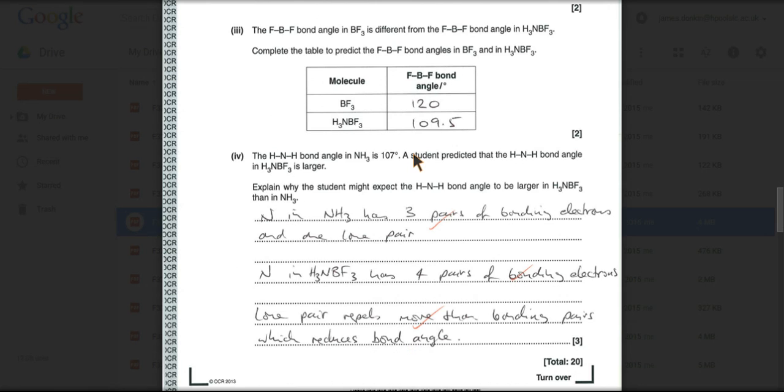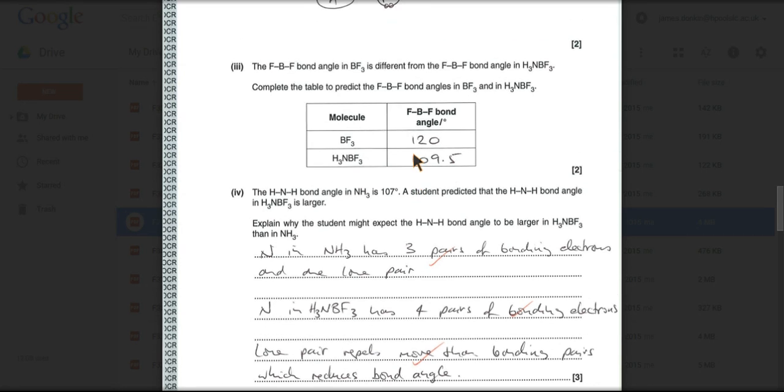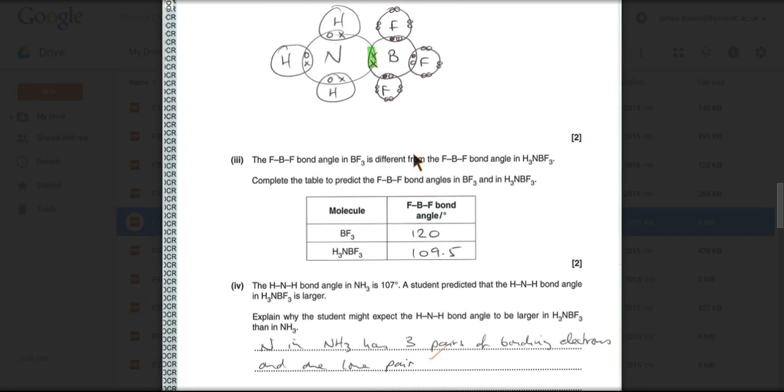And then the final part of the question, the H and H bond angle in ammonia is 107. A student predicted that the H and H bond angle in H3NBF3 is larger. Explain why. So if we go to the diagram, again, if you can try and imagine this without this BF3 on, we've got 3 bonding pairs of electrons and 1 lone pair of electrons in the valence shell.